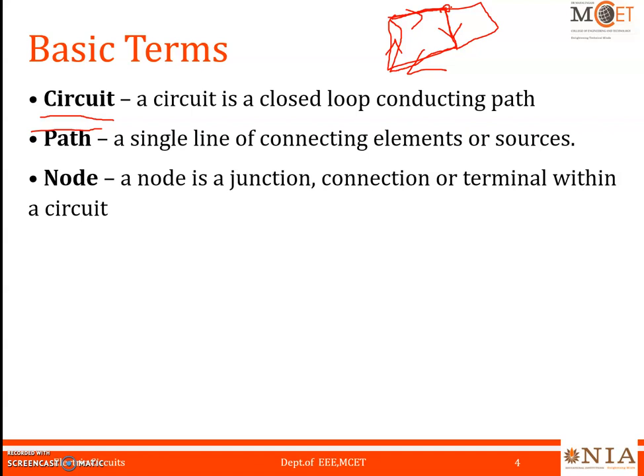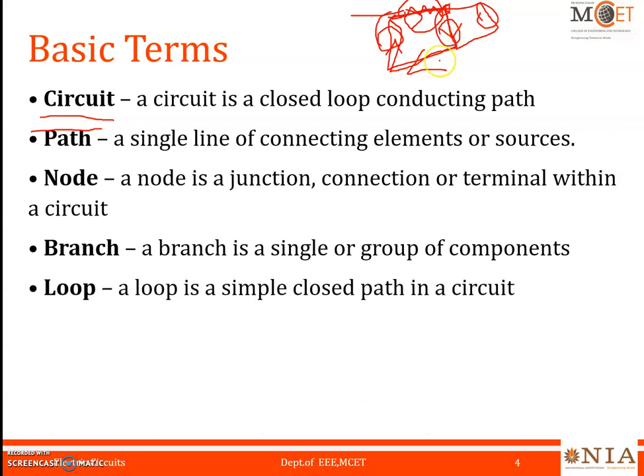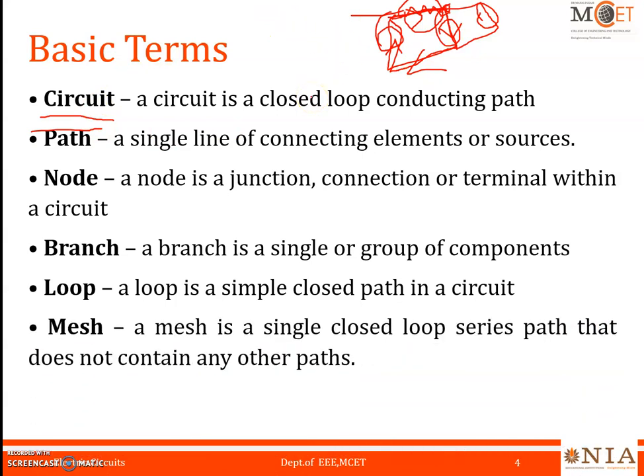That's why we call it a node. A branch is a separate element in a circuit. For example, this resistance is a branch, this is a branch, this is a branch. So an individual element in a circuit is called a branch. A loop is a simple closed path for the current flow, and mesh and loop are the same.